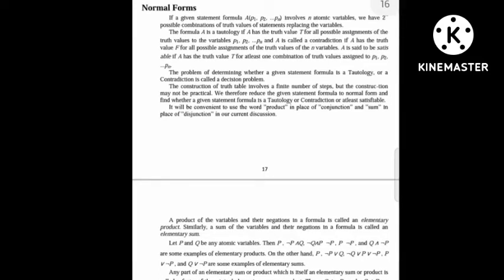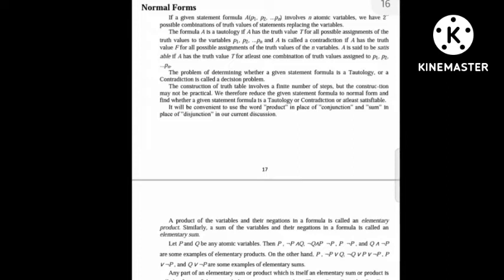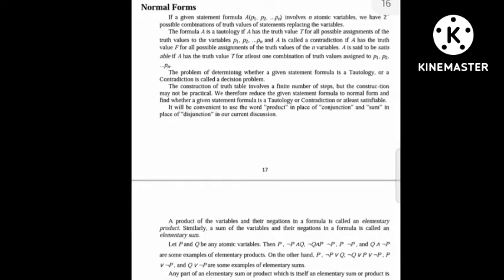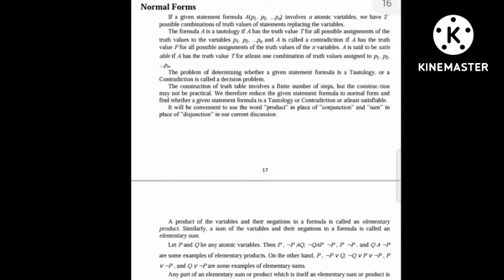Then P ∧ ¬P, Q ∧ ¬Q, ¬P ∧ Q, and P ∧ ¬Q are some examples of elementary products. On the other hand, P ∨ ¬P, Q ∨ ¬Q, and ¬P ∨ Q are some examples of elementary sums.